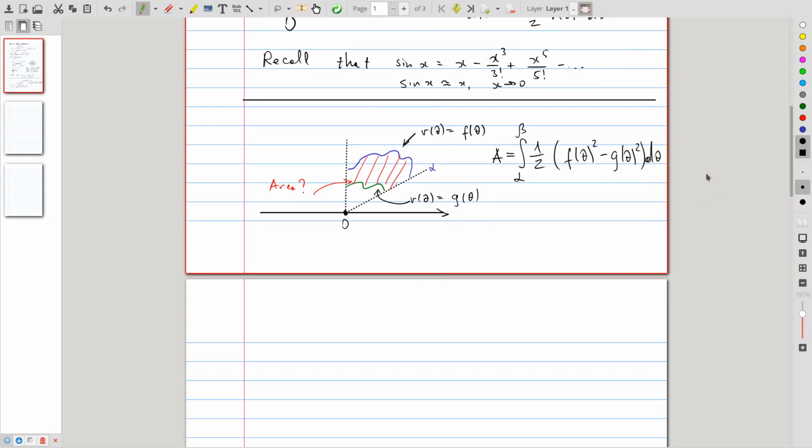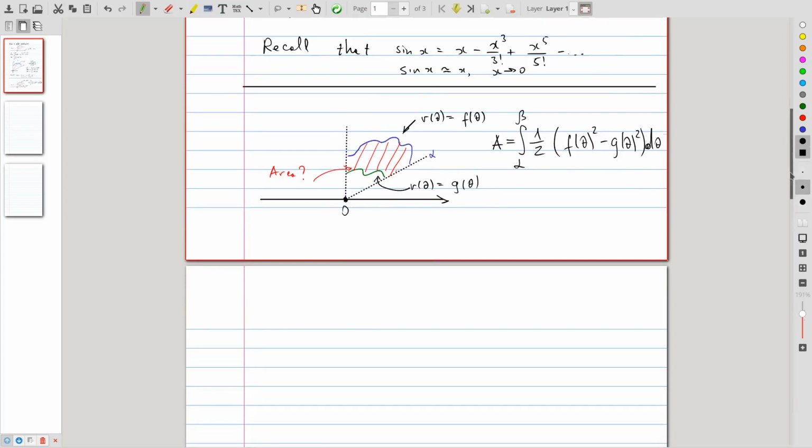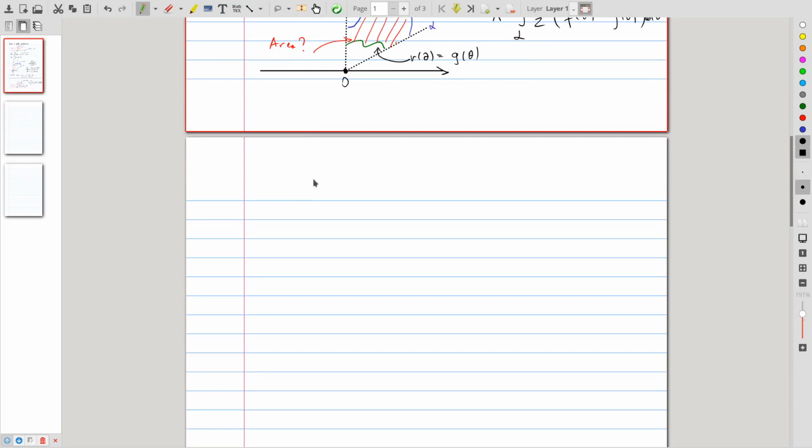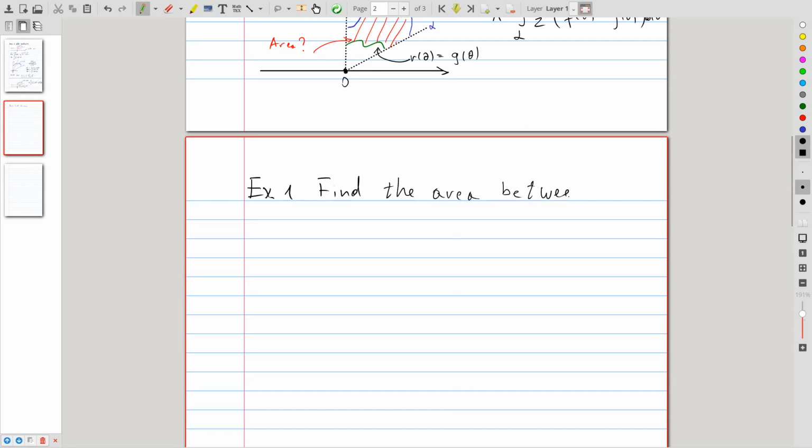As an example, let us look at the following region. So let's take the area between the circle r equals 3 sine theta.